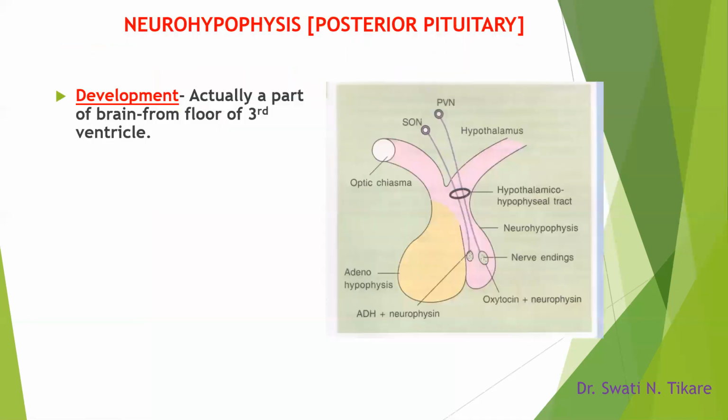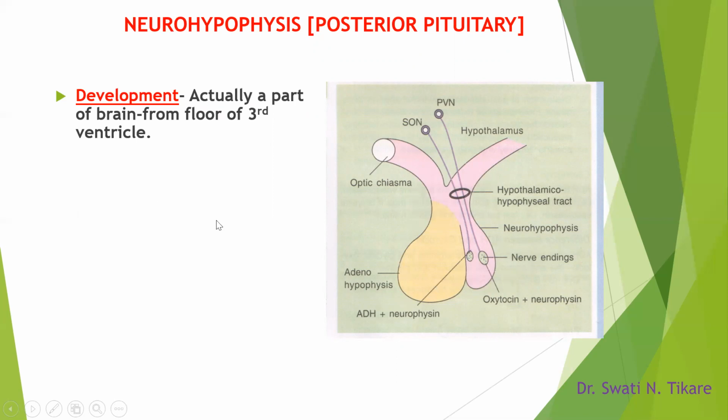Let's see a little more basic things related to the posterior pituitary gland. This is a very simple diagram of the hypothalamus, the hypothalamo-hypophyseal tract, the infundibulum, and the anterior and posterior pituitary.